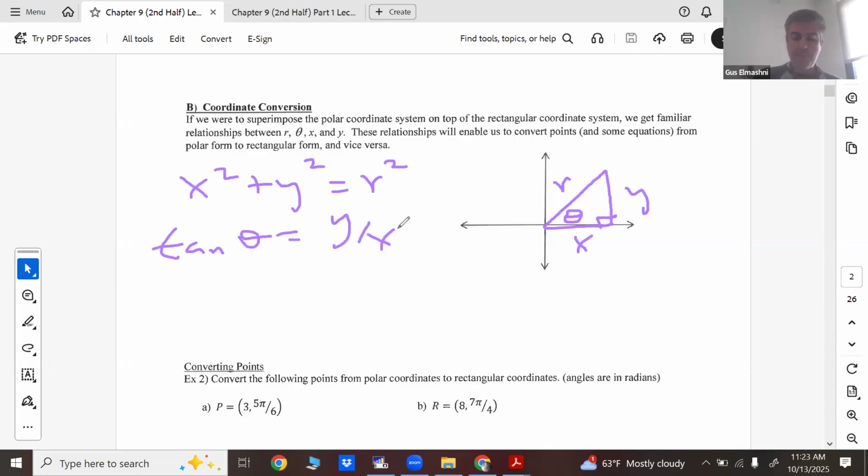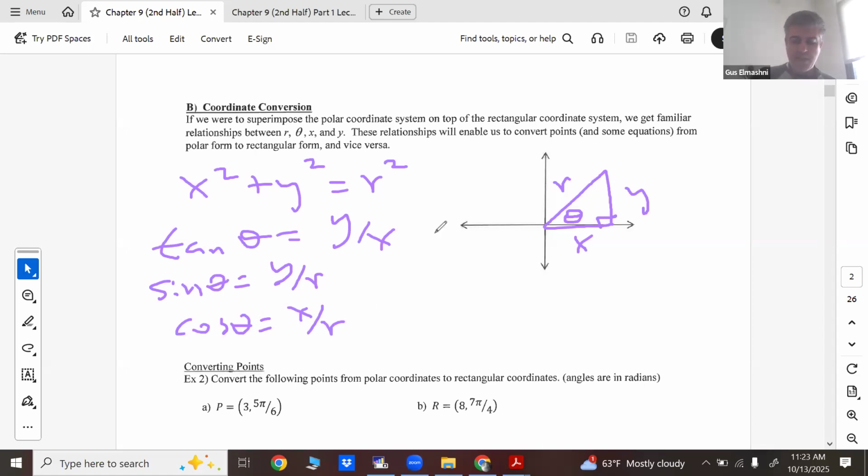Opposite or adjacent? Would you also agree that sine theta is x over r? No, I lied. y over r, we're good. Cosine theta is what now? x over r, okay, cool.